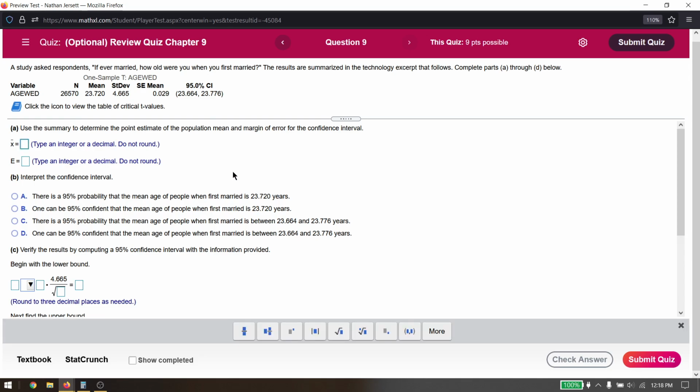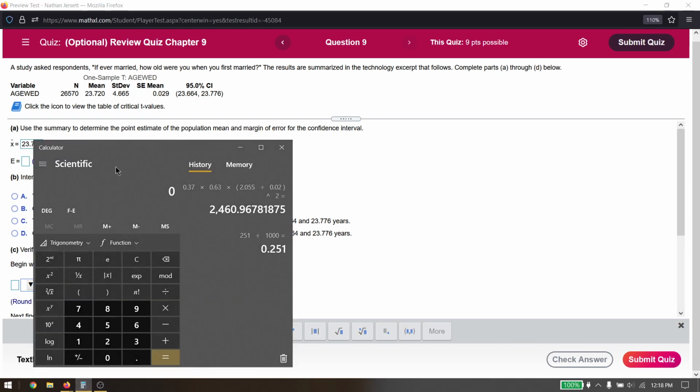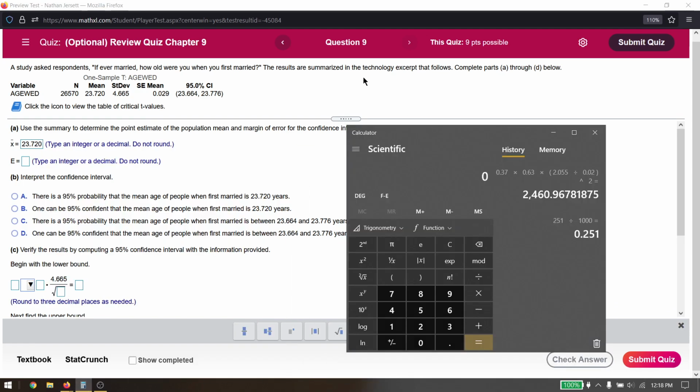Okay, so the point estimate is going to be the mean, 23.720. This should be the error. I'm just going to check to make sure that's what SE means. I'm pretty sure it means standard error. But we'll just show that by taking the upper limit, 23.776, and subtracting that from the mean, 23.720.